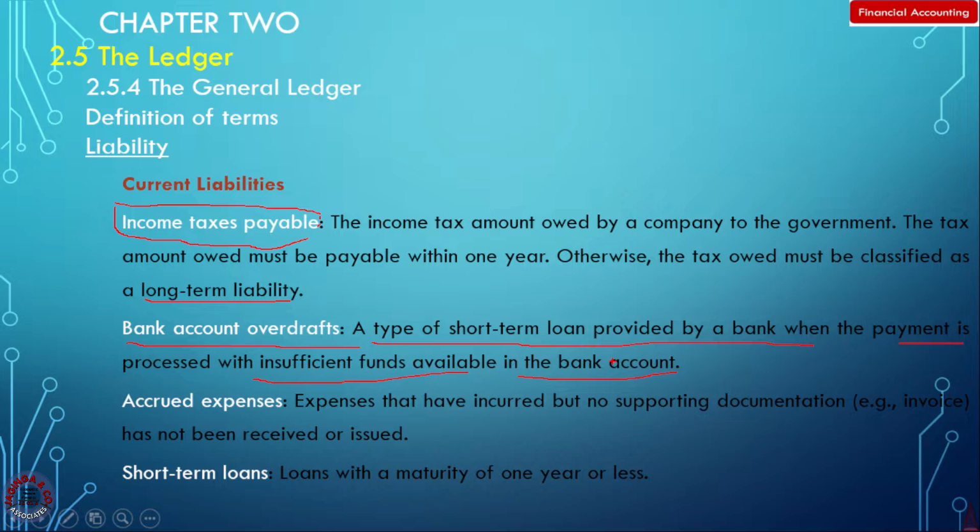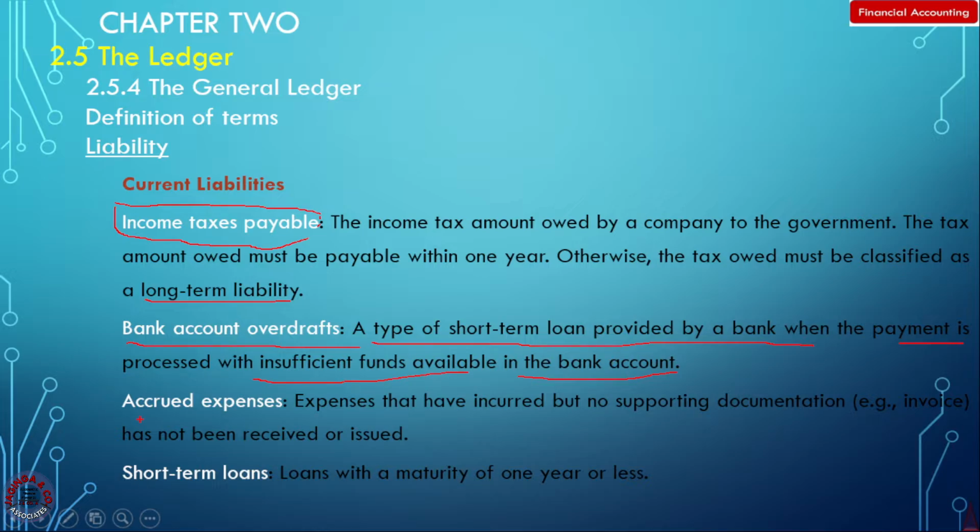So when you make a full payment of 45,000 shillings and the available balance in your account is 30,000 shillings, it means that you are having a bank overdraft of 15,000 shillings. And then that bank overdraft is supposed to be paid within 1 year. It should not be paid over 1 year. When it goes over 1 year, we call it a long-term liability. And when you pay it within 1 year, it becomes a short-term liability.